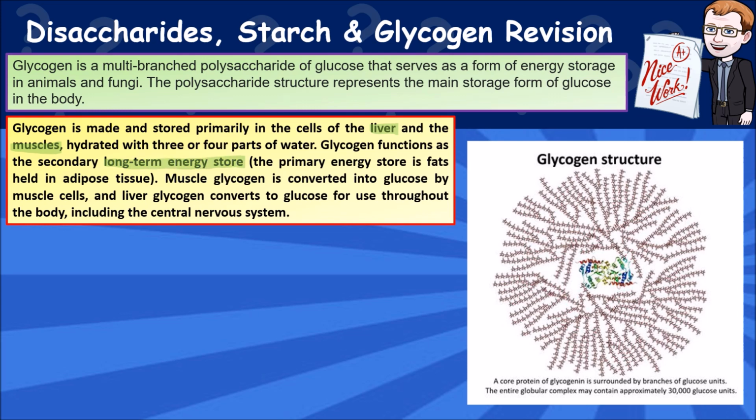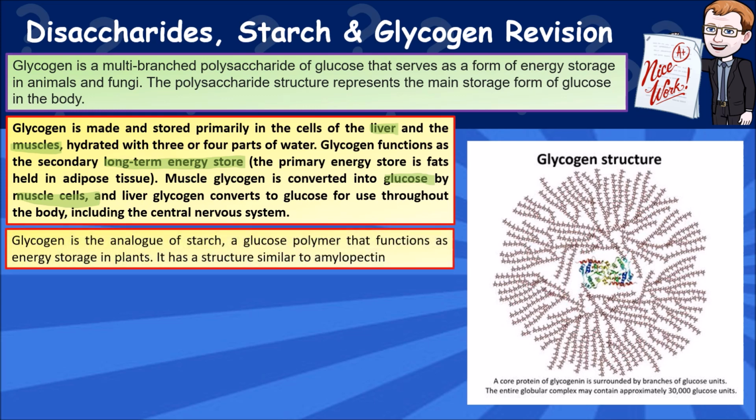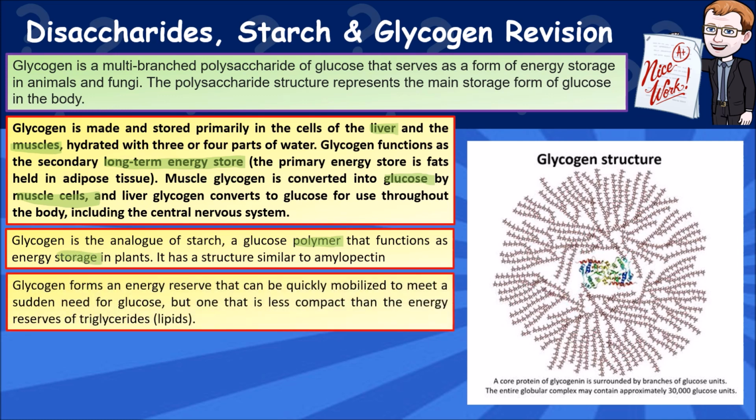Muscle glycogen is converted into glucose by the muscle cells, and the liver glycogen converts into glucose to be used throughout the body that is then released into the bloodstream. So, like we said, glycogen is a glucose polymer that functions as an energy store. One of the key things is that glycogen is very multi-branched, so it's got lots of free ends, and can be quickly metabolized to meet the sudden need for glucose that you might need if the rate of respiration increases.